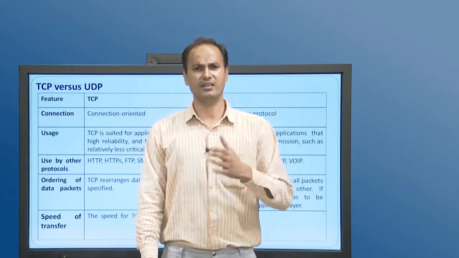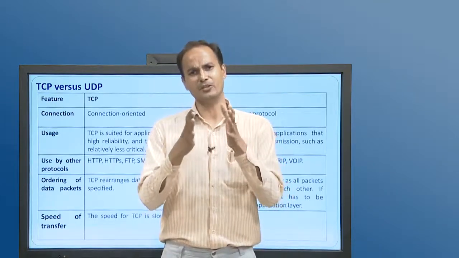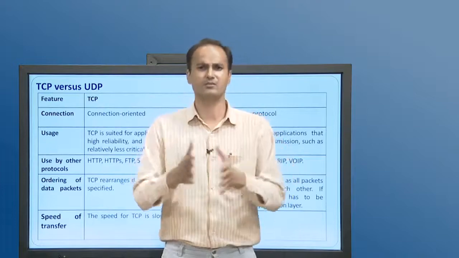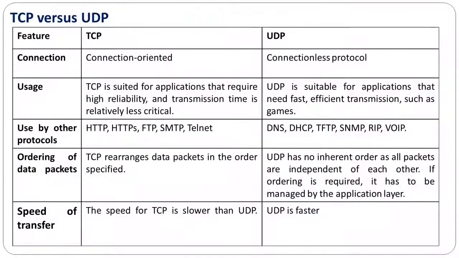Now, after learning the TCP and UDP concepts, we need to differentiate them based on certain criteria. The first one is the connection. We already know that TCP is connection oriented and UDP is a connectionless protocol.